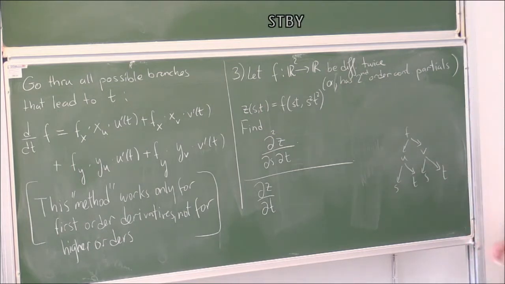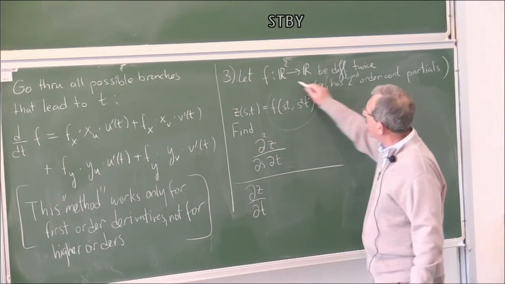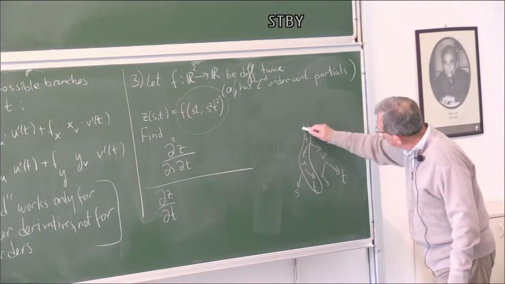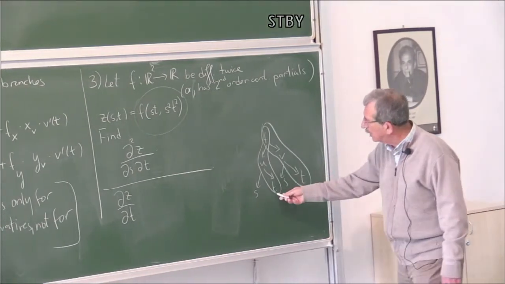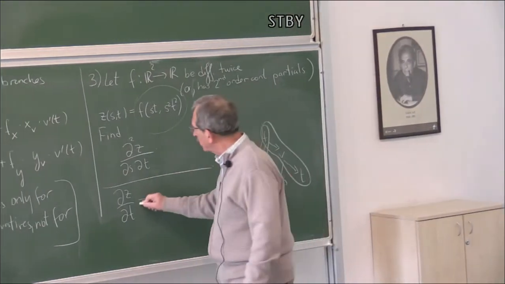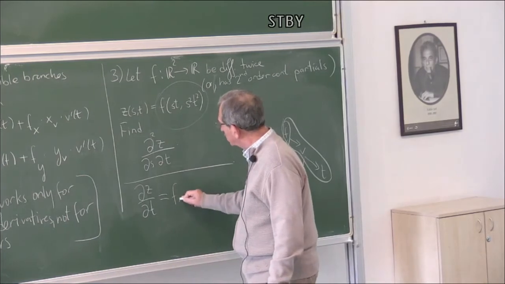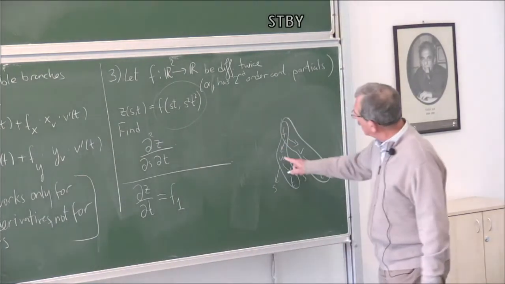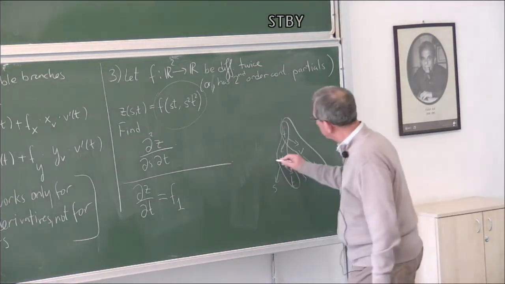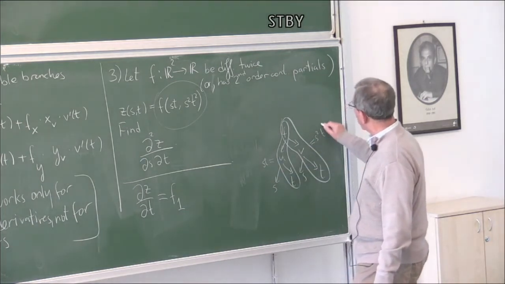Now, this makes sense. So, the derivative of the right-hand side with respect to t means that you calculate these 2 branches because you only have t in these branches. So this would be directly the derivative of f with respect to u, that is the first variable, and the derivative of u with respect to t, where of course u is st, and v is s squared t squared.